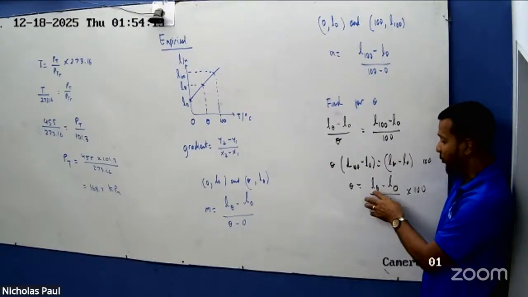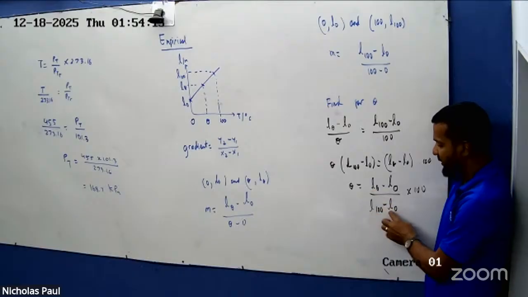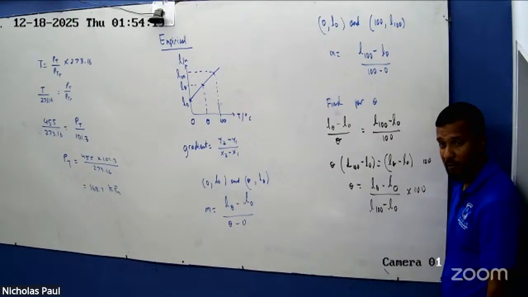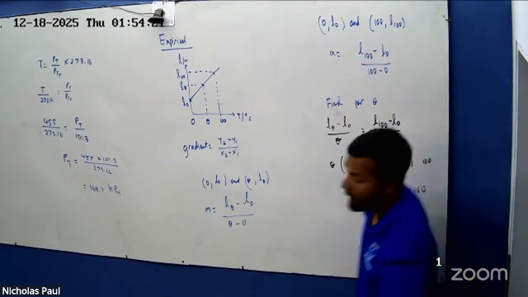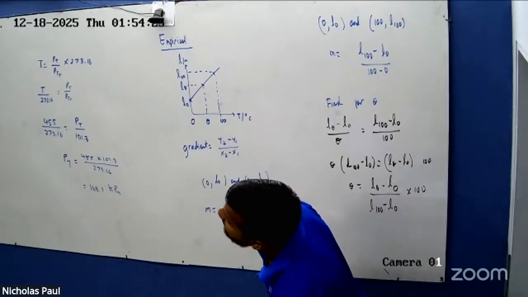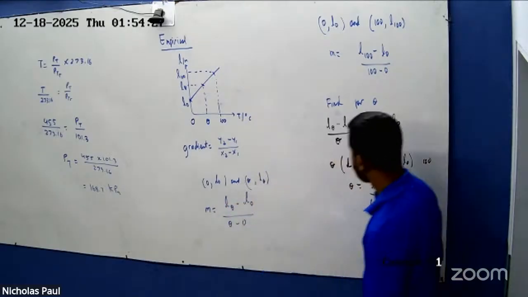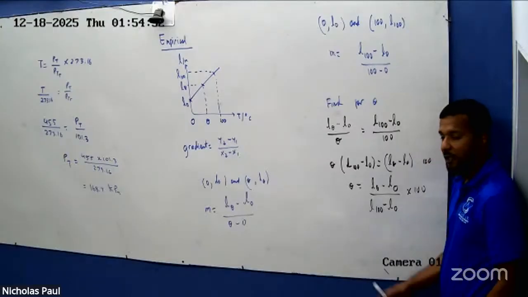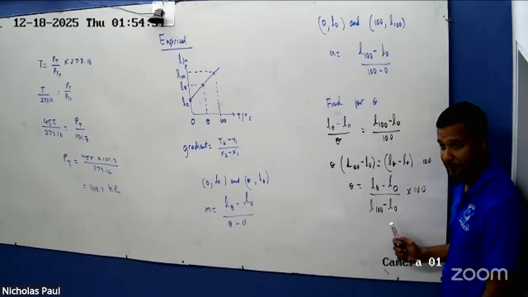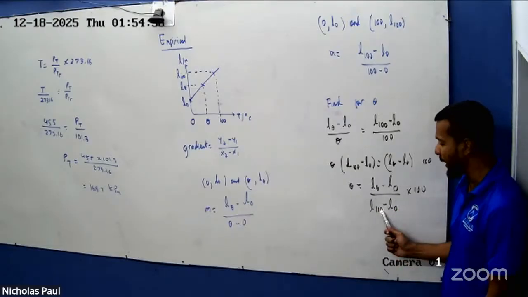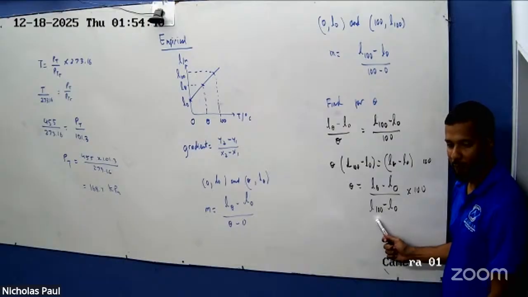This could be volume, this could be resistance, this could be EMF, pressure, anything. So make sure you know what each letter means: length at unknown temperature, length at ice point, length at steam point.